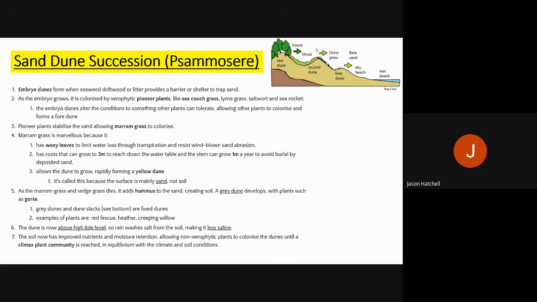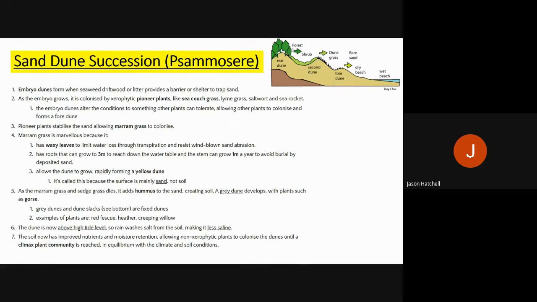We get a stronger, taller dune, and that might be a grey dune. And then we go even further back to the rear dune, and this is where we get the forest. This is where we get trees and large shrubs. And these are the strongest type of dune. They are very well sheltered from the coastline because the second and fourth dunes shelter them. So they take most of the battering from sea waves and wind from the coastline as well.